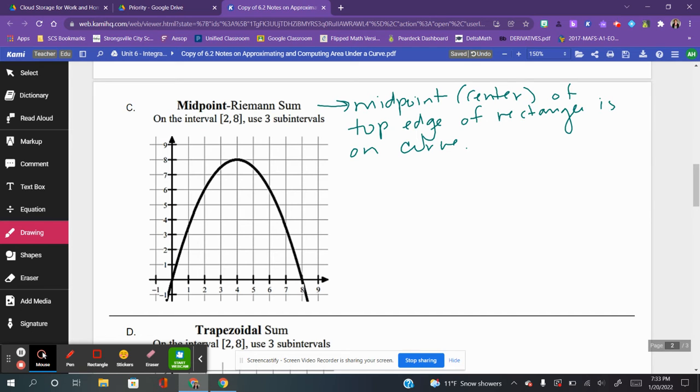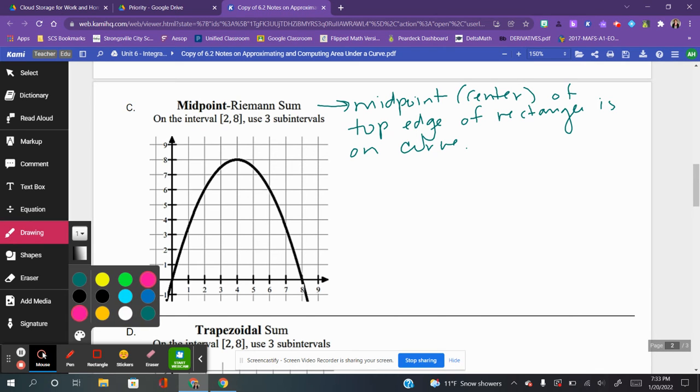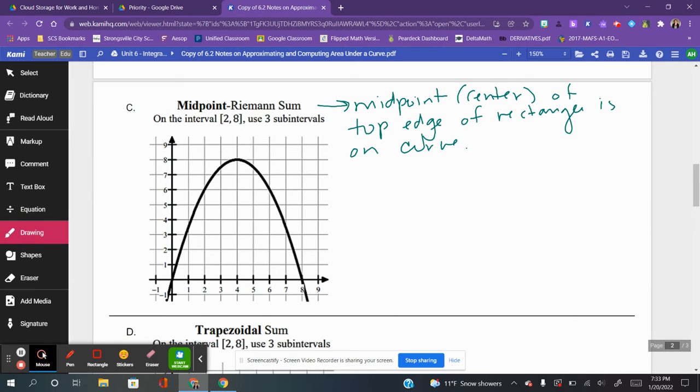So again, I can still figure out what delta x is. I still am on the interval 2 to 8. I still have 3 subintervals, so delta x is still going to be 2. Starting at 2, a width of 2 gets me to 4, to 6, to 8. But this time it's the center of the top edge of that rectangle that's touching my curve.